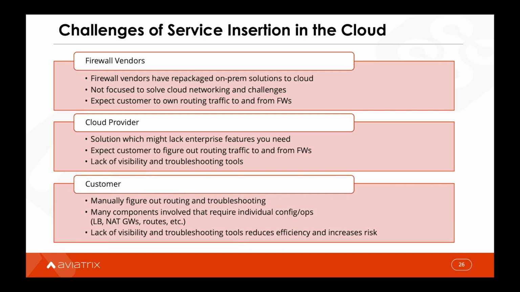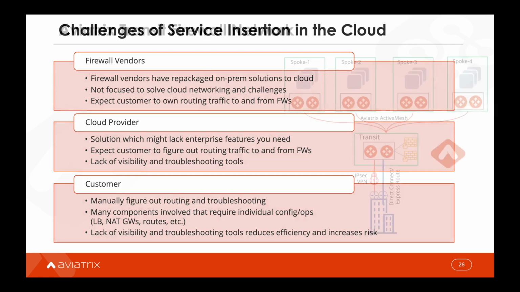You are responsible for figuring out the routing and the troubleshooting. In order to build an enterprise-grade design, there are many advanced components that need to be involved, such as load balancers, source NAT, and route tables. And each CSP has a different approach to handling these components. Even after handling all of that, you're left without visibility and troubleshooting tools.